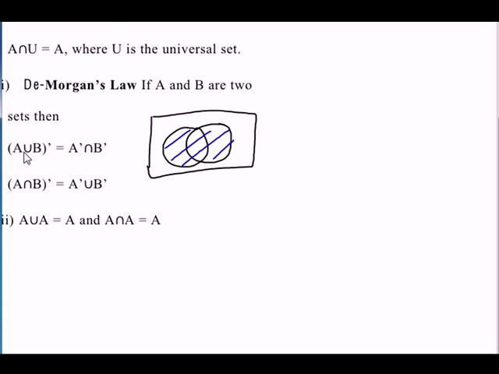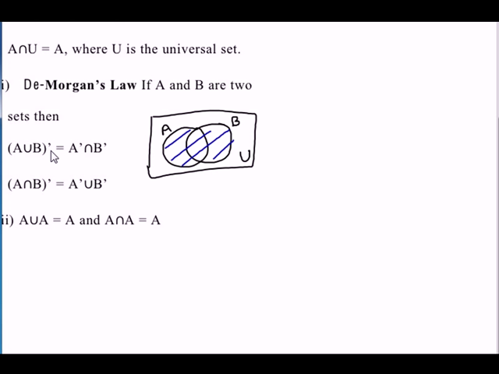this, right? So this is my set A, this is my set B. So the blue lines represent A union B. Now the complement of these, A union B complement, would be whatever is not there in A or B. So this U is the universal set, which basically means everything in this rectangle.